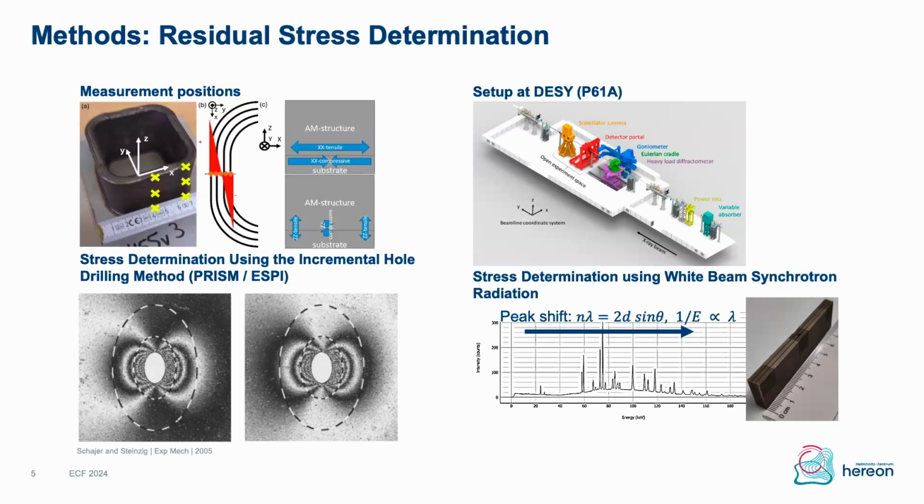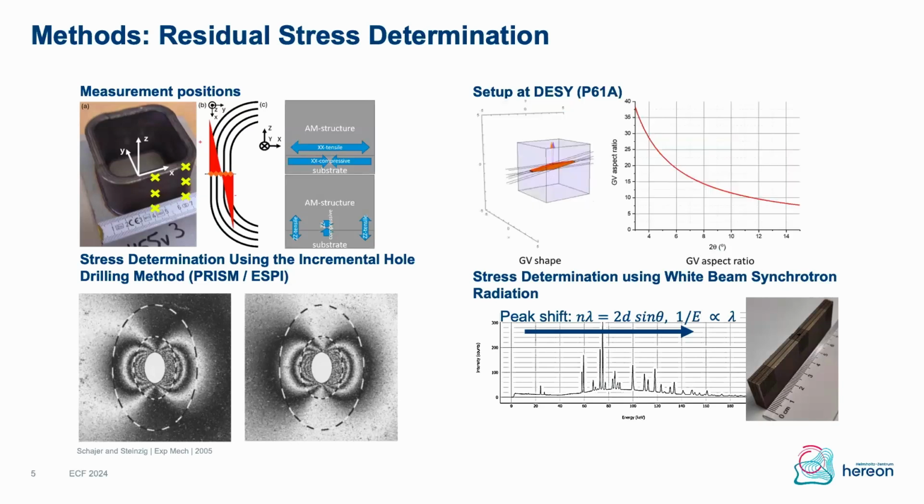What's special about this is that there is a detector at a fixed 2θ angle, and an energy dispersive spectrum is measured. The incoming and diffracted beams are limited by a system of apertures, where such an elongated gauge volume is created. And in order to get good peak separation between the austenitic and ferritic phase, we have to use a very low θ angle, which increases the aspect ratio of the gauge volume.